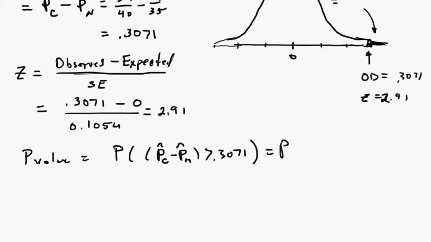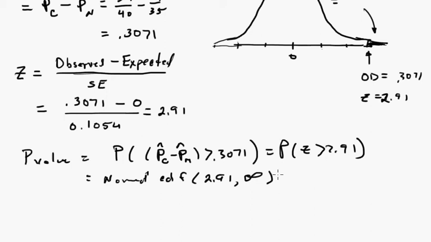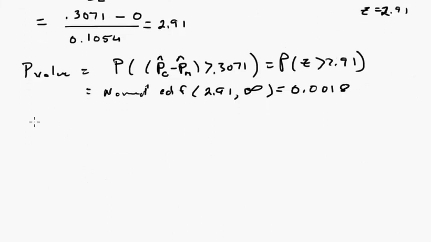That's the probability that z is greater than 2.91, and that's normal CDF of 2.91 out to infinity. And I get 0.0018.